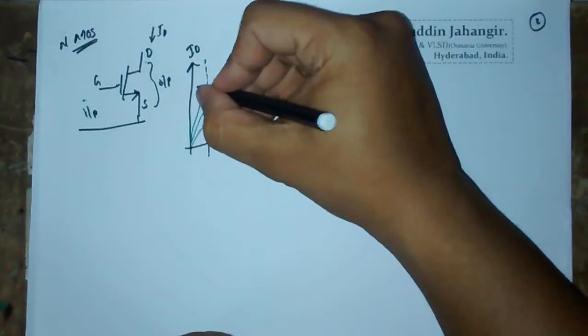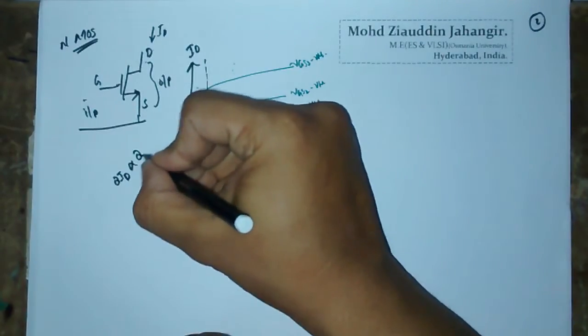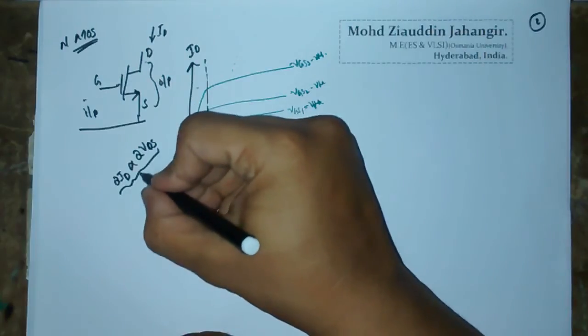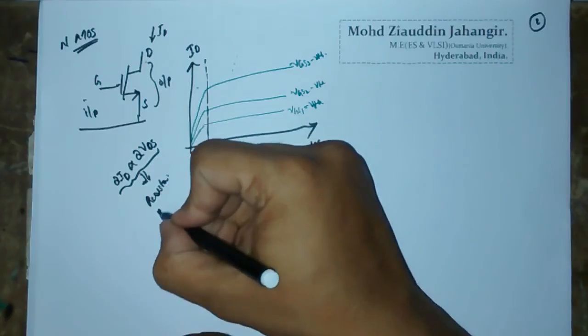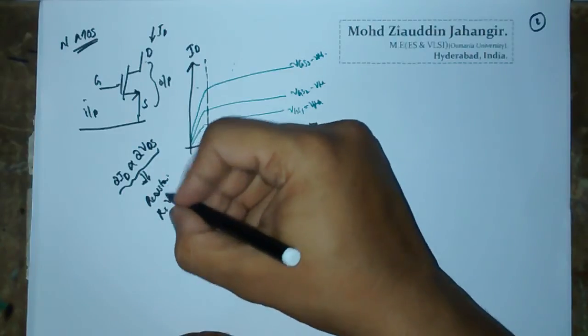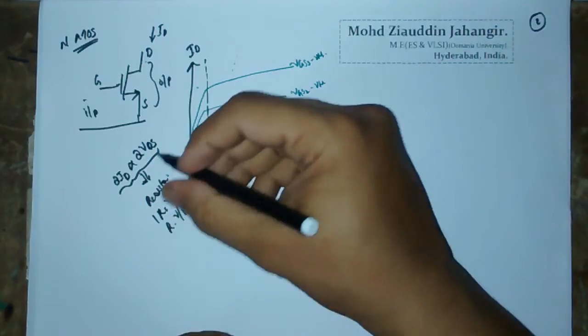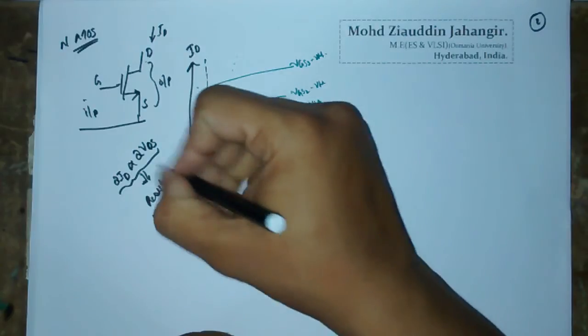In this portion, the change in ID is proportional to the change in VDS. This kind of relation you will find in a resistor. A resistor has the relation V equals IR, or R equals V by I, so V is proportional to I. The same kind of relation you can see here.